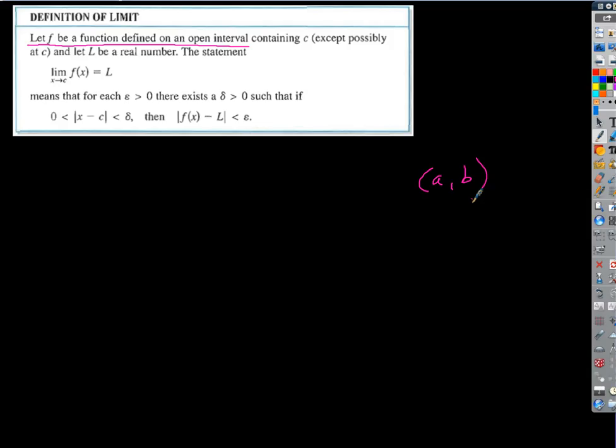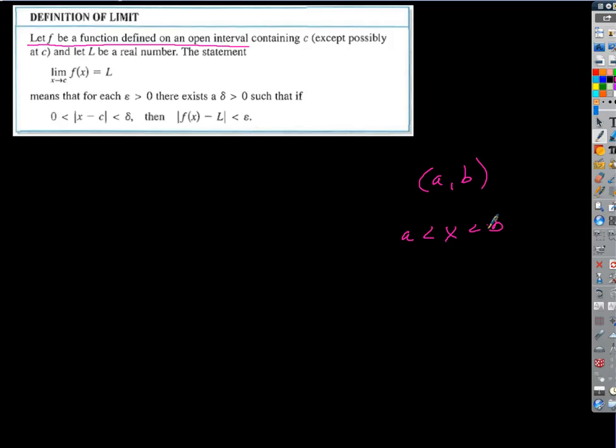Where x is greater than a and less than b, right? So we got some range of values, some interval of values of x where our function is defined. Okay. It doesn't have to be defined everywhere, but it has to be defined on some range of values, or how can we take a limit, right?